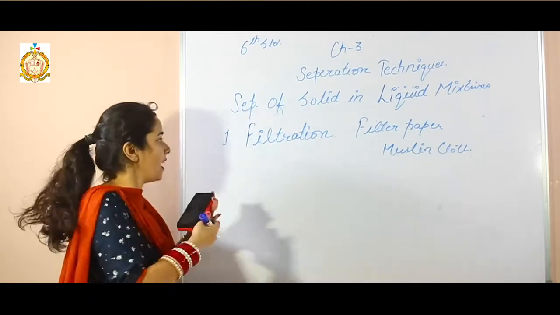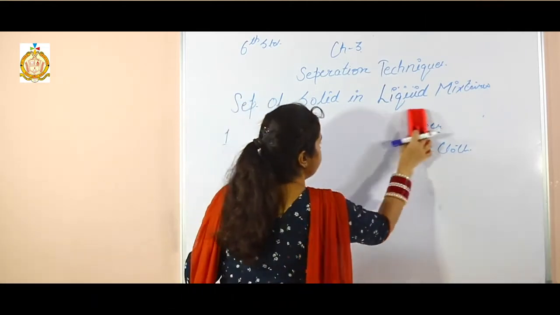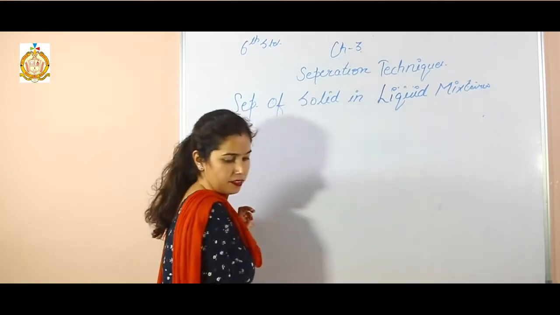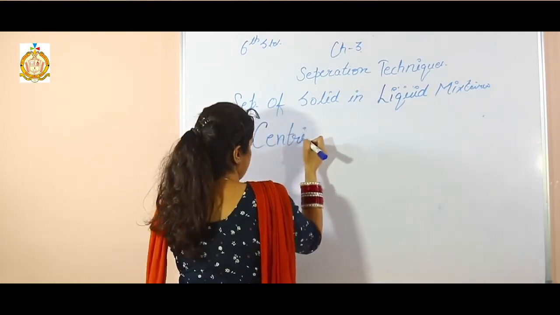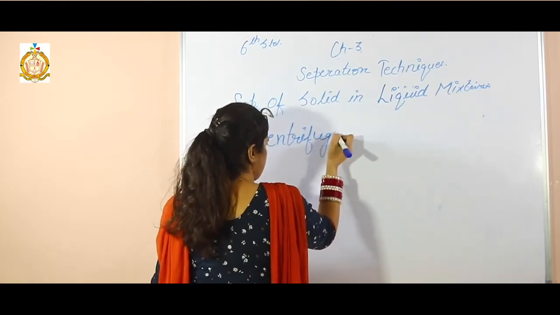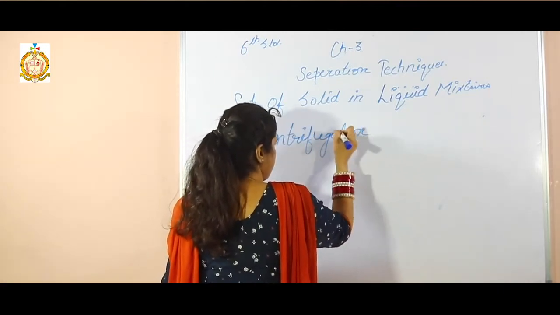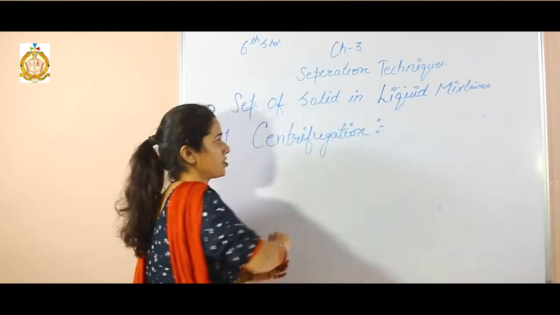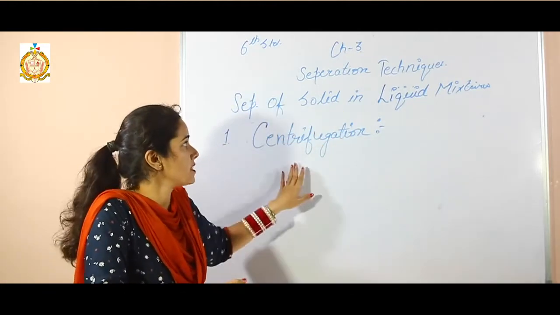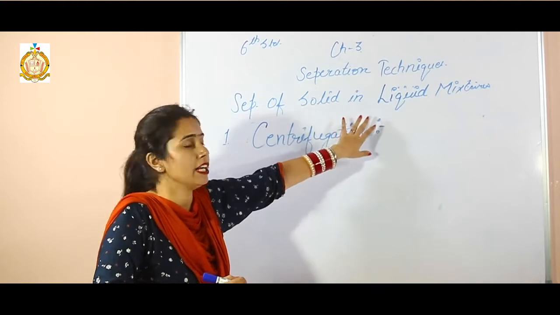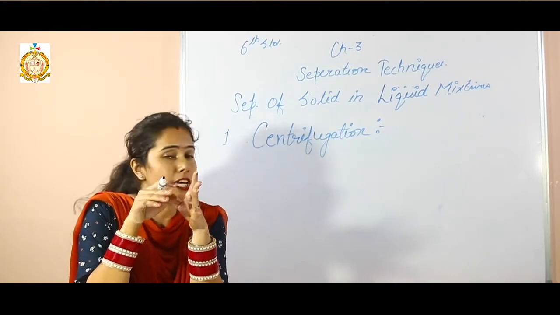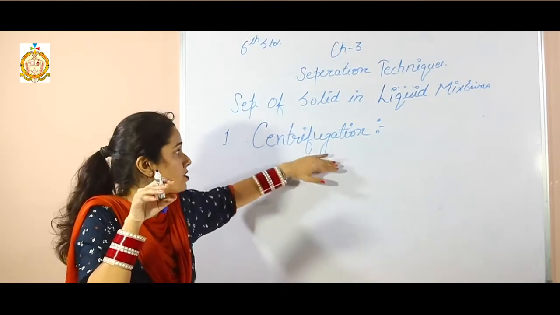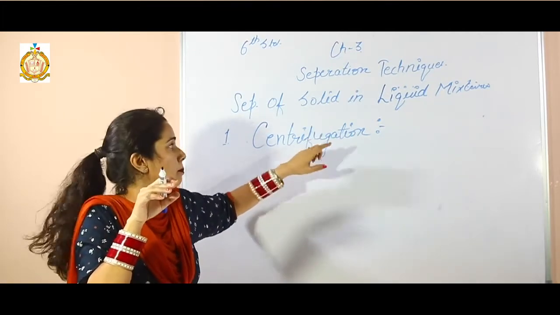Now the next one is centrifugation. In this also there is separation of solid from liquid. Solid particles are suspended in liquid mixtures, and with the help of centrifugation we can separate them.